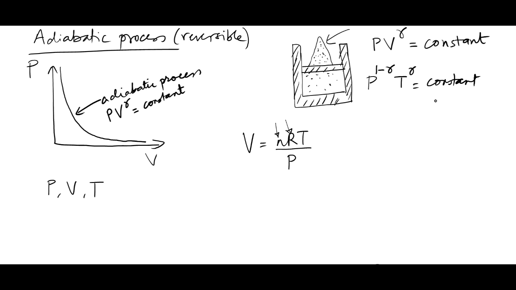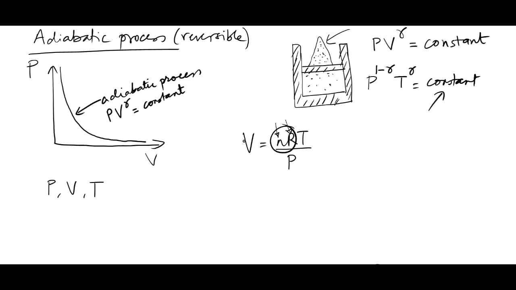I'll just reiterate that this constant would also contain R and n in some form. Those have been taken to the right hand side. So that's the equation connecting P and T.